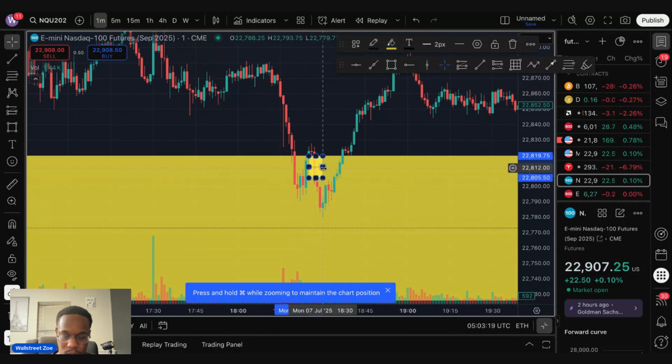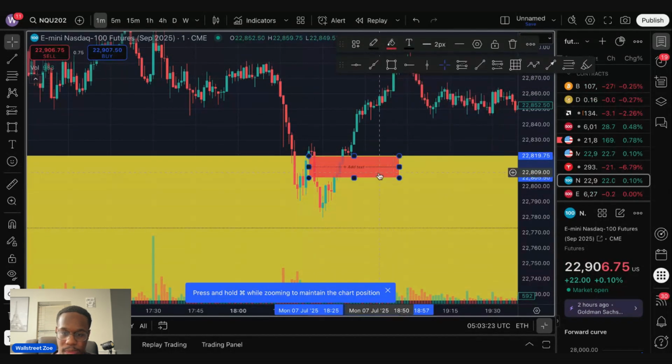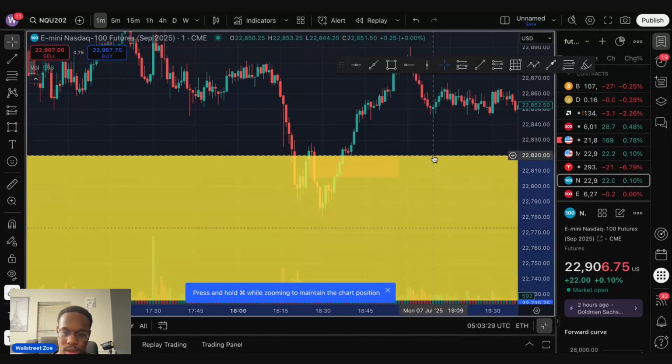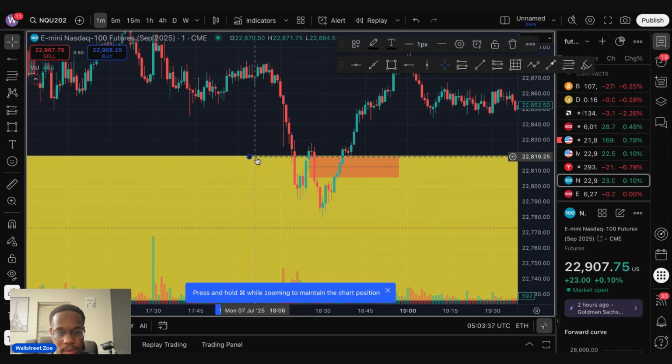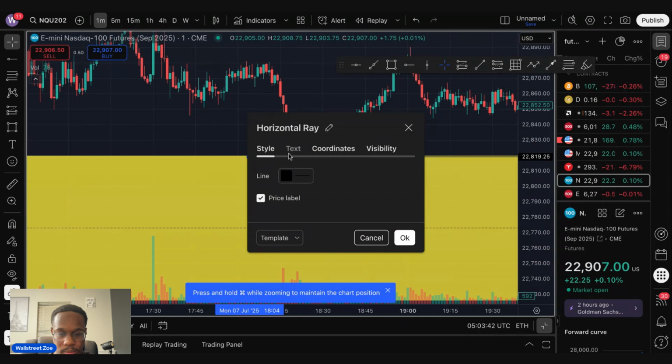Let me change the color for this inversion, and let me take this down a little bit. Let's just do it this way, so we'll know that it's a higher time frame fair value gap.